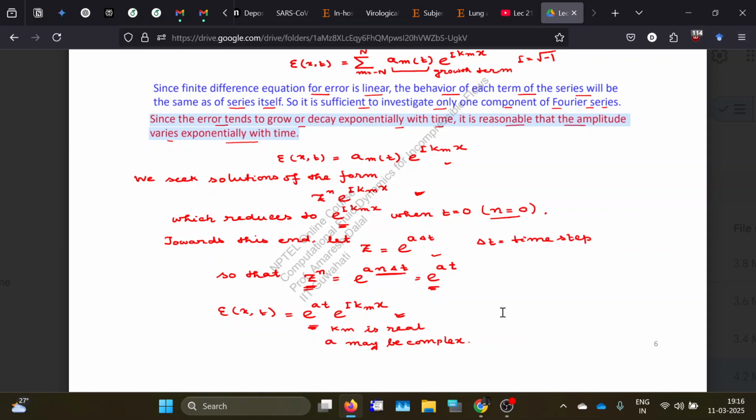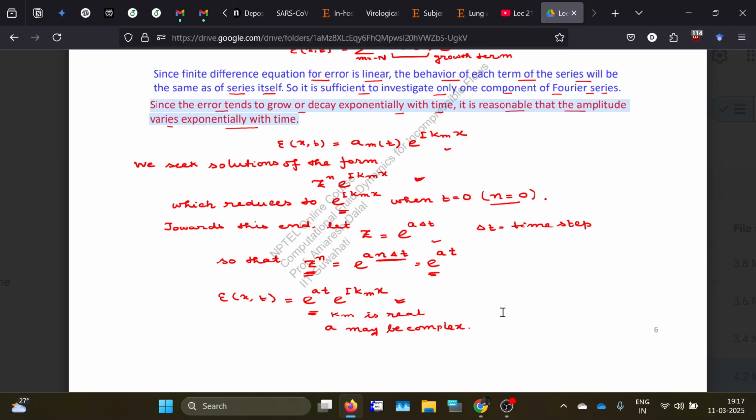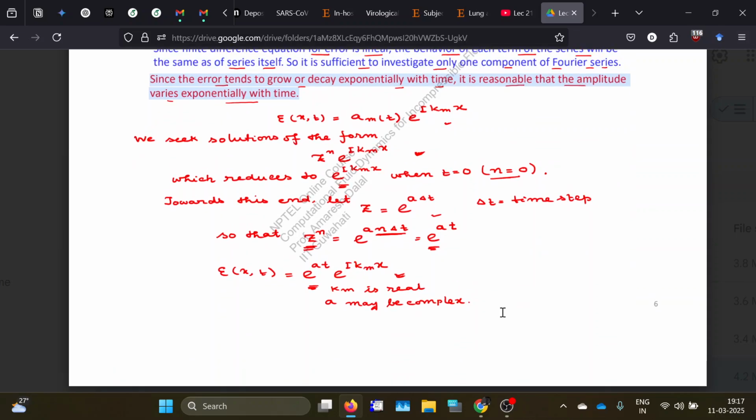Exactly. Now, a may be complex also, as was told. If a is real, whether its real part is positive or negative, you can understand whether it grows or decays. But if there is a complex part, then it will oscillate as well while growing or decaying.